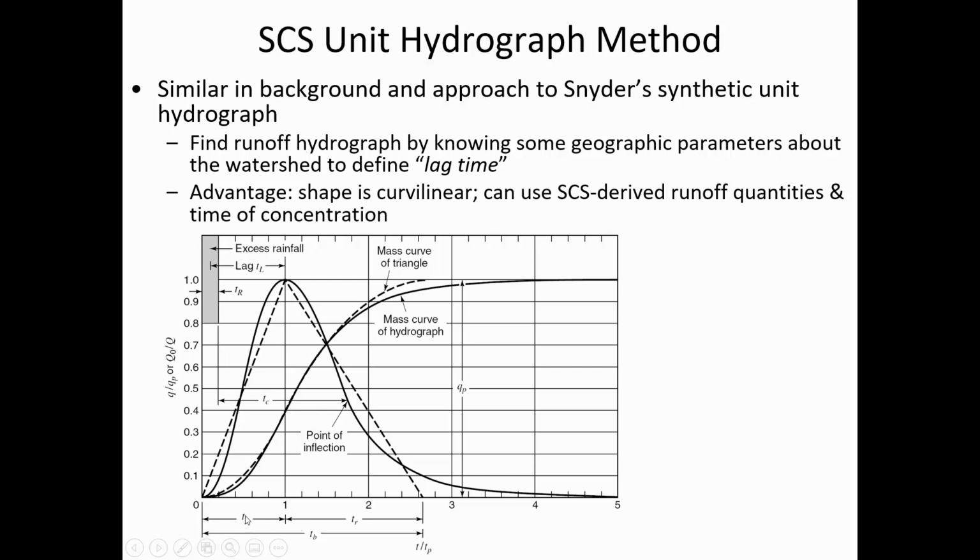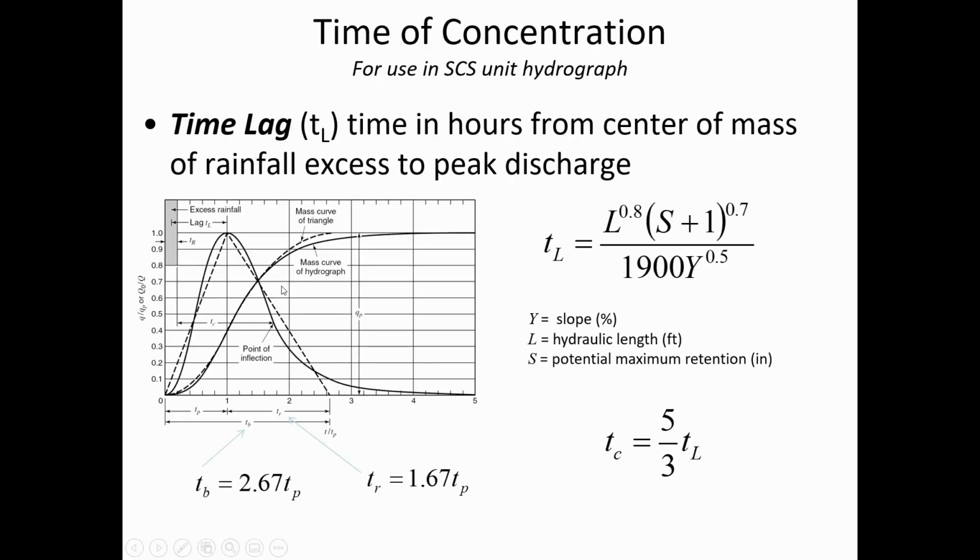We'll calculate the time to peak and the lag time, which is defined as the amount of time from the middle of the rainfall excess to when we observe the peak. This allows us to be more realistic in predicting the volume coming out of a watershed and to have more control over how high that peak is according to the actual basin characteristics.